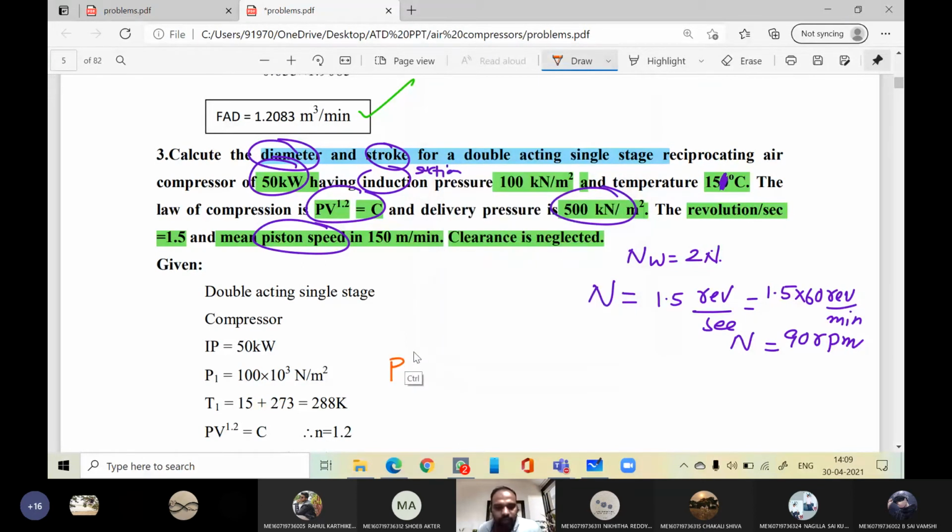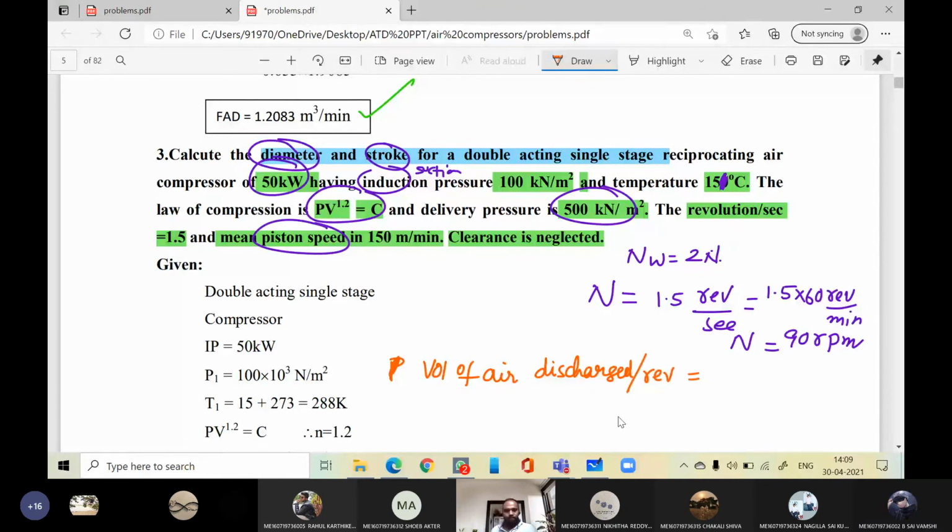Can you tell me what is the volume of air discharged for one stroke or for one revolution? Volume of air discharged per revolution.